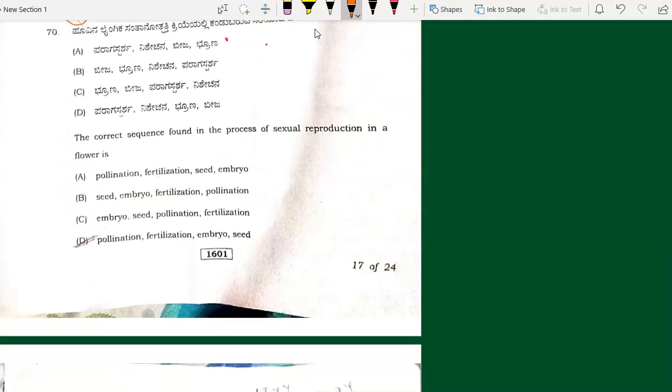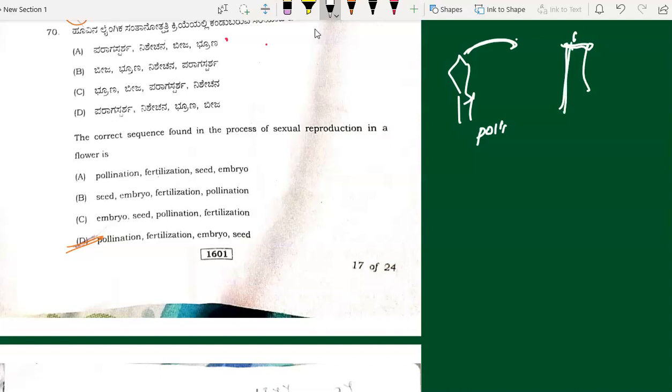Okay, next. Here what happens? First, transfer of pollen grains will take place. Transfer of pollen grain is called pollination. Once the pollen grain sits on the stigma, the pollen tube will form. Through the pollen tube, the pollen grain reaches the ovary. Here ova will form. Ova is nothing but egg.